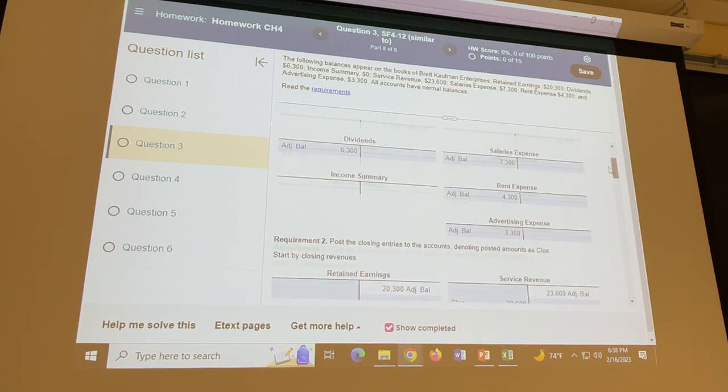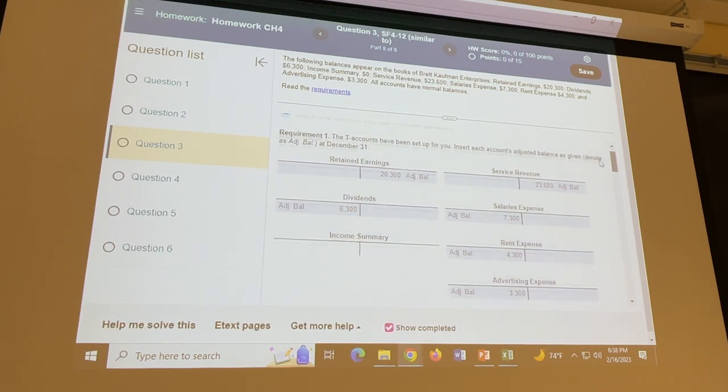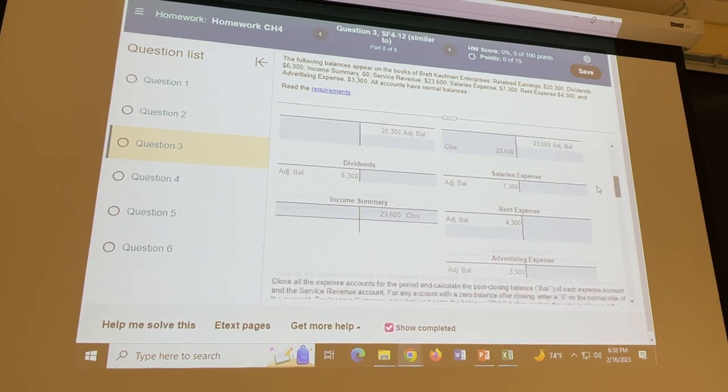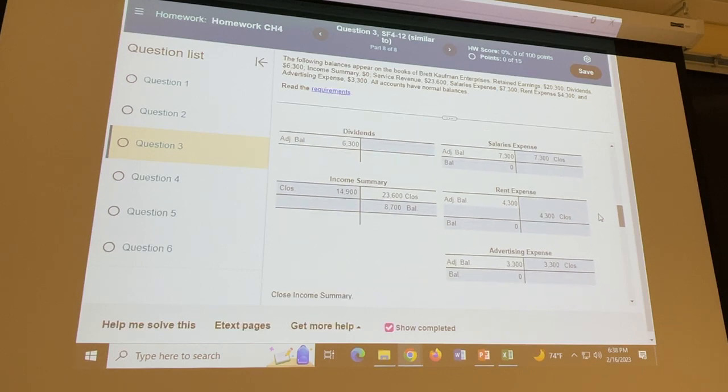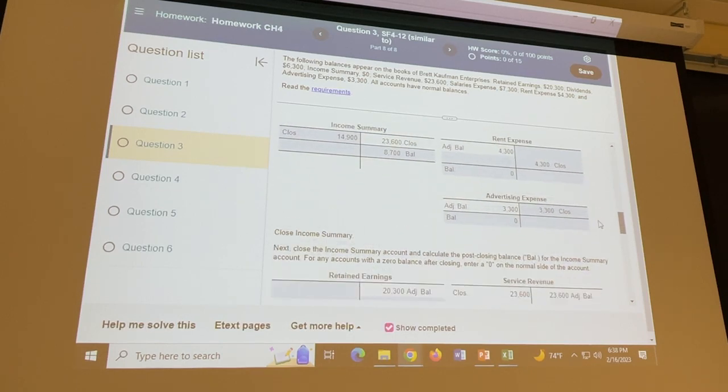For the third problem, you'll be filling out T accounts. One thing that gets confusing is the income summary account, because you have to balance it twice.